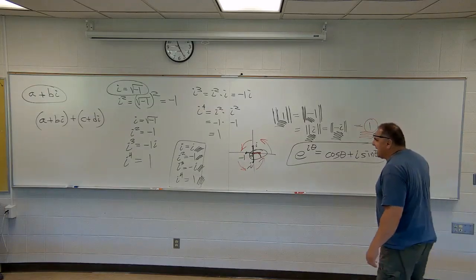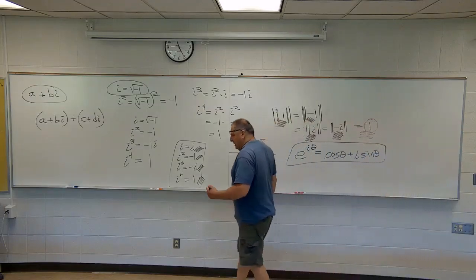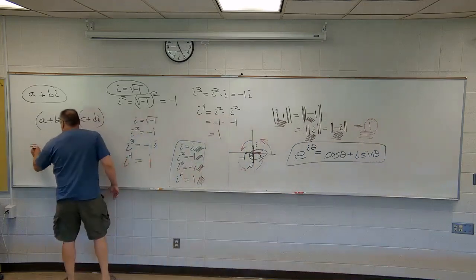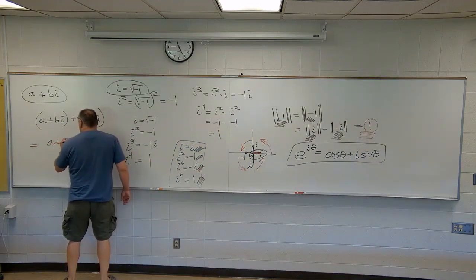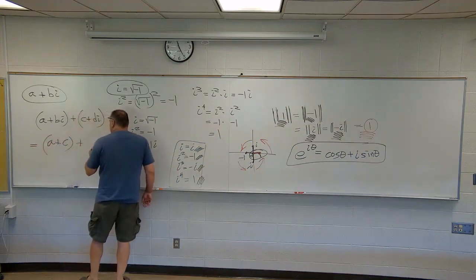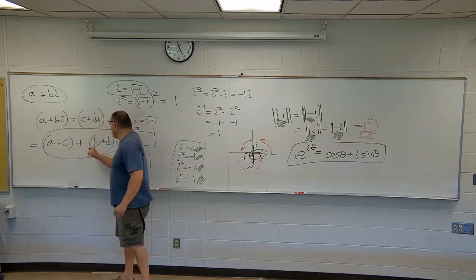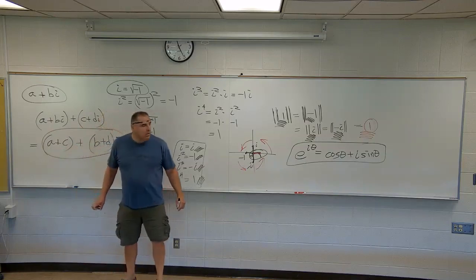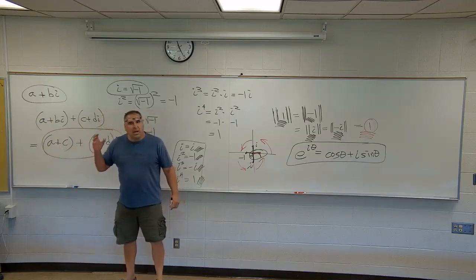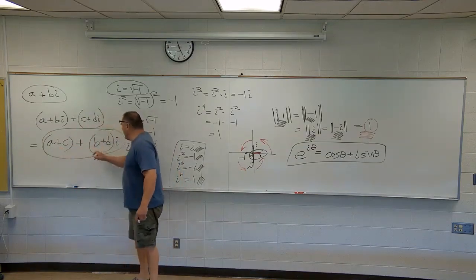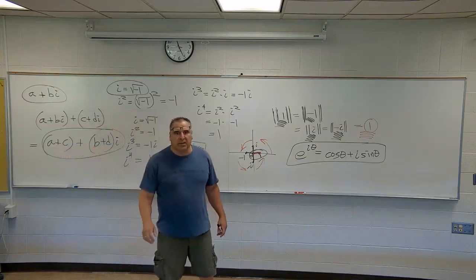If that's the case, let's look at some things that happen. If you were adding two complex numbers, all that you do is add the real parts together and then add the imaginary parts together and multiply by i. Notice it still looks like real part plus imaginary part.